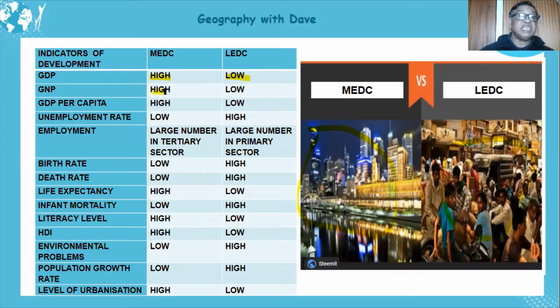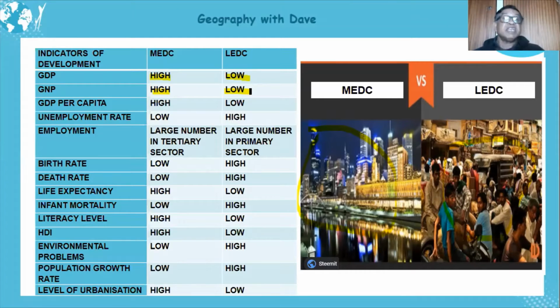The gross national product, again, will be high for the MEDC and low for the LEDC, because that includes production inside and outside of the country by citizens of that country. They don't have production outside. They don't have huge multinational corporations like Ford, which has companies throughout the world.